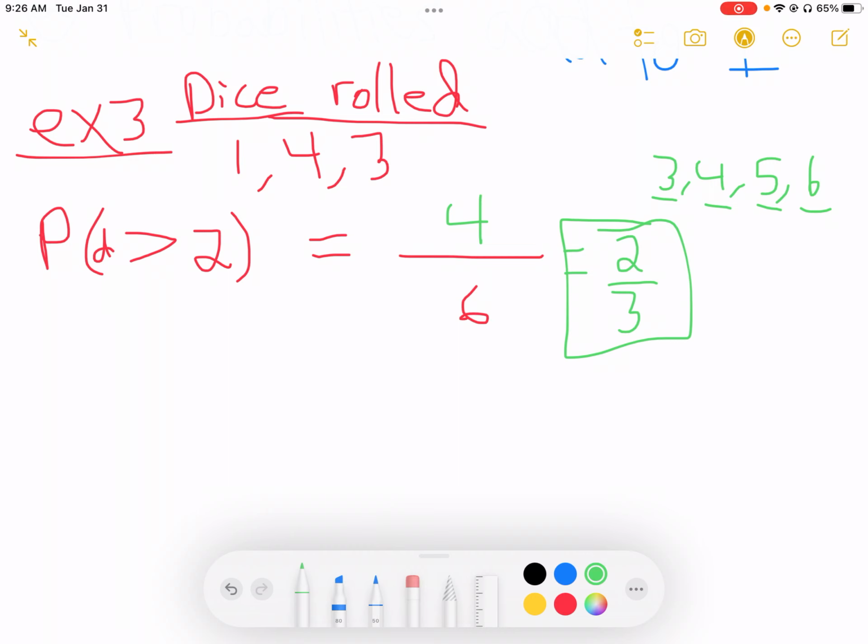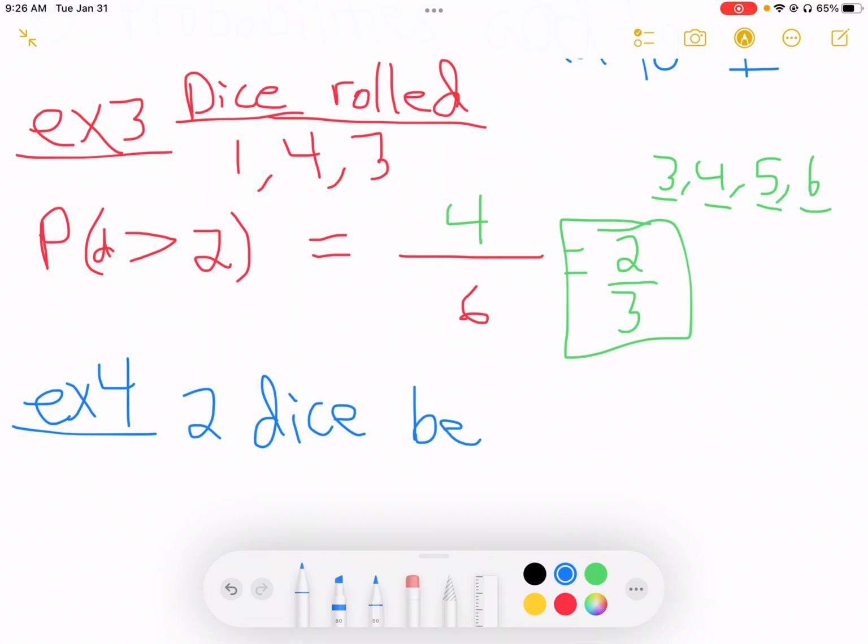Okay, now this next one is a little bit trickier, because we're talking about 2 dice being rolled, but it's not that bad. Okay, so in example 4, I have 2 dice being rolled, and then it says what is the probability that the sum of the numbers rolled is 7.